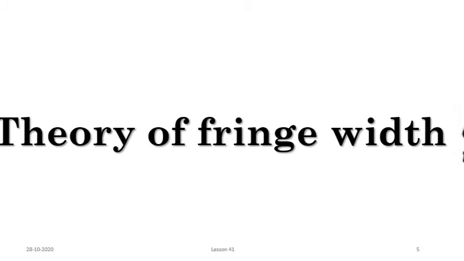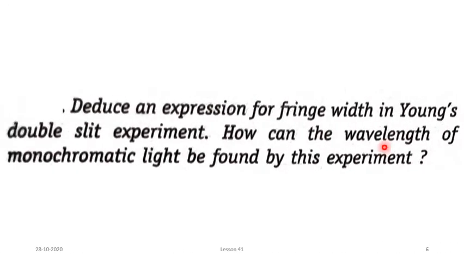Fine. Now, deduce an expression for fringe width in Young's double slit experiment. How can the wavelength of monochromatic light be found by this experiment? First, we will try to derive an expression for the fringe width in Young's double slit experiment.